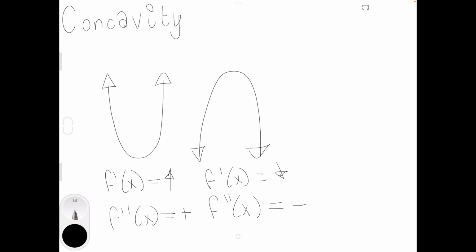Possible inflection points are where the second derivative equals 0 or undefined. So when these change signs, because if they're continuous and differentiable, and they change signs, that means they have to hit 0. That is the point where concavity changes.